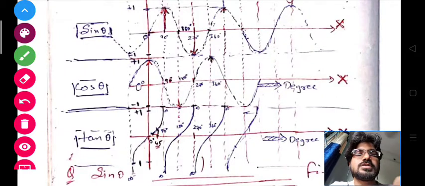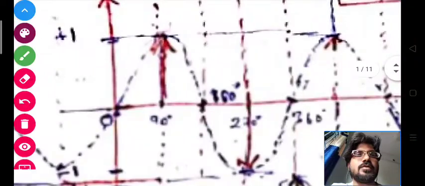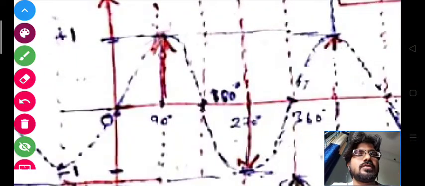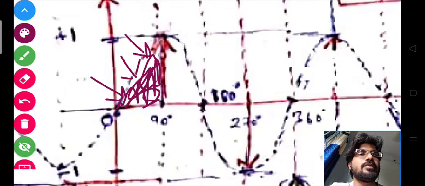All the values of theta between 0 and 90 degrees lie in this region, between 0 and 1. Here is 45 degrees, here it's 30 degrees, here it's 60 degrees, and all the values lie between 0 and 1.